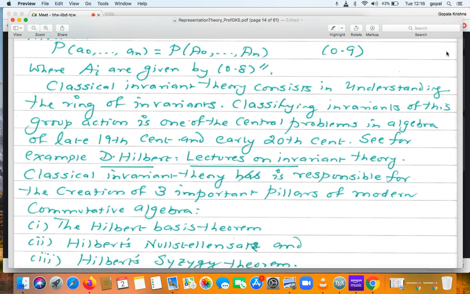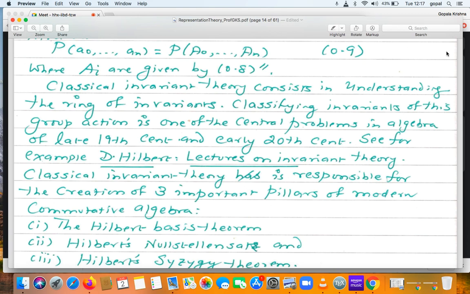It was a constructive proof and a lengthy proof. Later, Hilbert developed his ideas and proved an existence theorem that the ring of invariants is finitely generated. And it is exactly for this purpose that he discovers his Hilbert basis theorem.